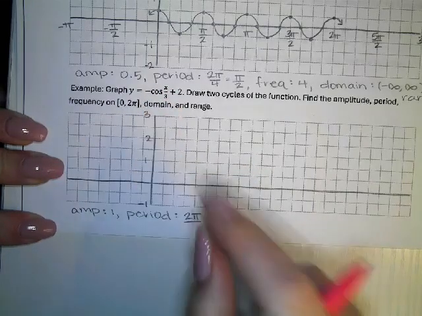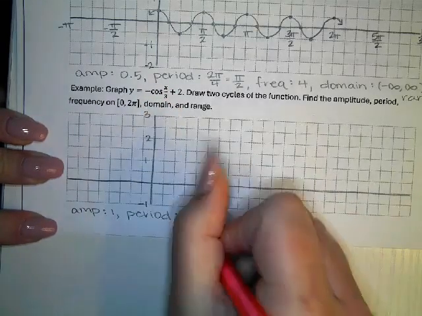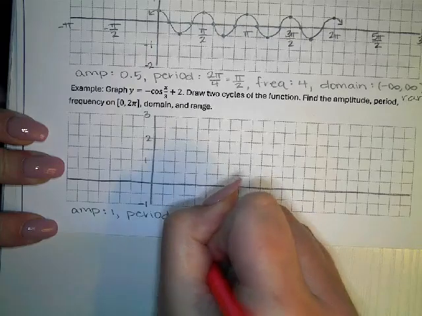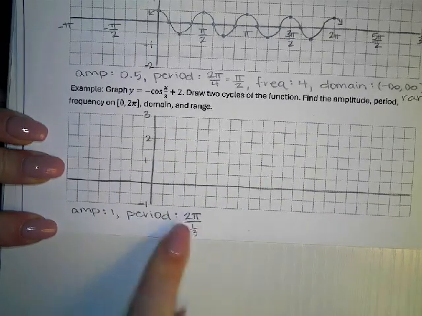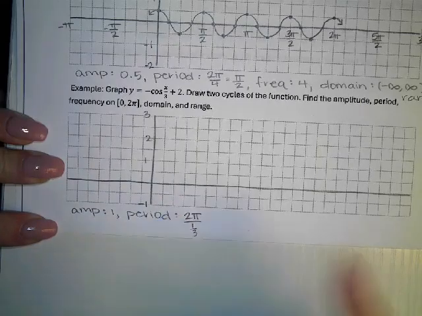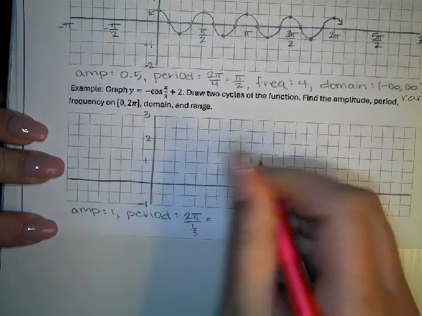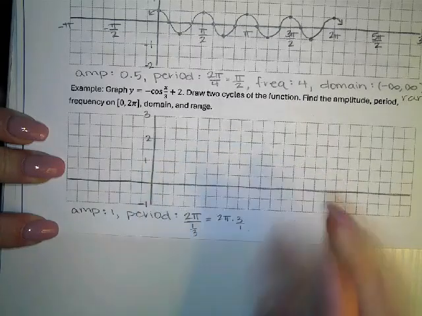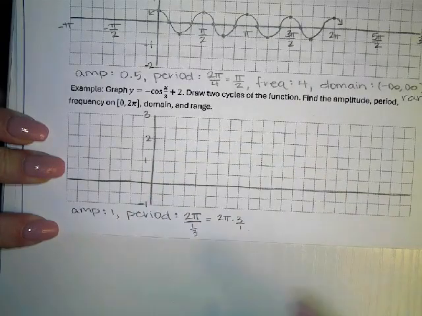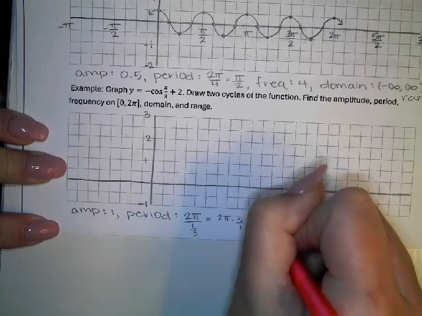And so that means that the b value is 1/3. So to calculate this, I'm going to say that this is 2 pi multiplied by 3 over 1. Because when we divide by a fraction, we multiply by the reciprocal. So this period is 6 pi.